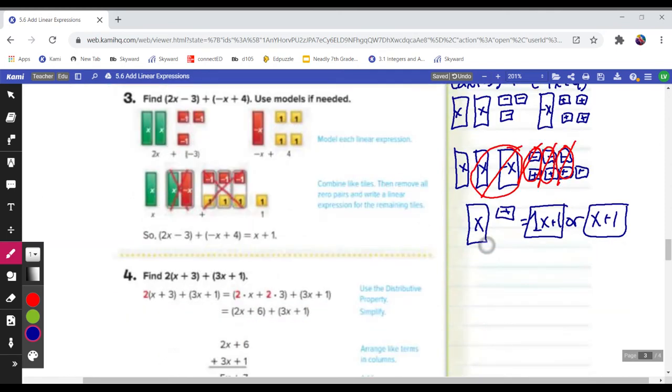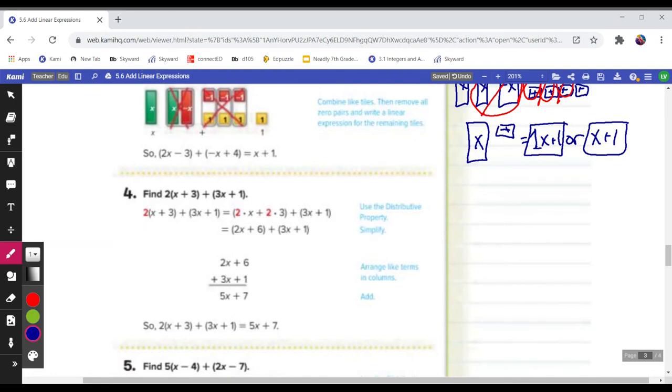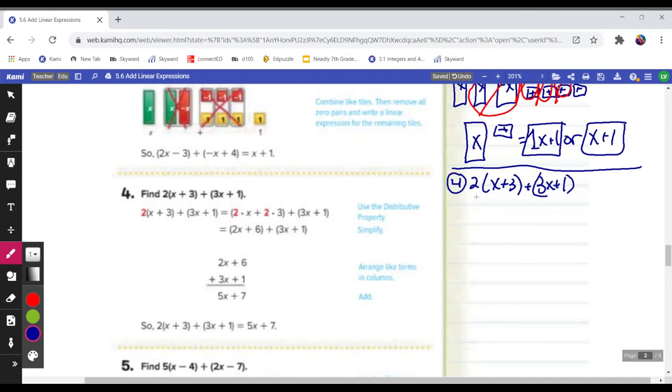All right, number 4. This is 2 times quantity x plus 3 plus 3x plus 1. So I'm going to take this 2 and distribute it to my first term, which is the x, and my second term, which is the 3.